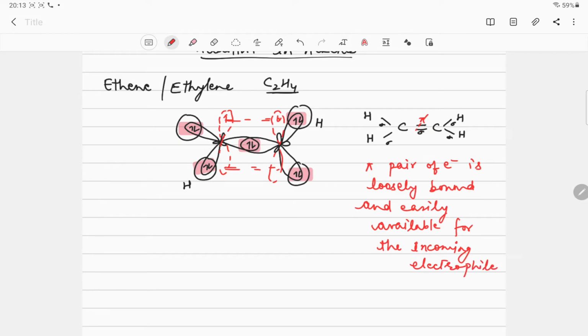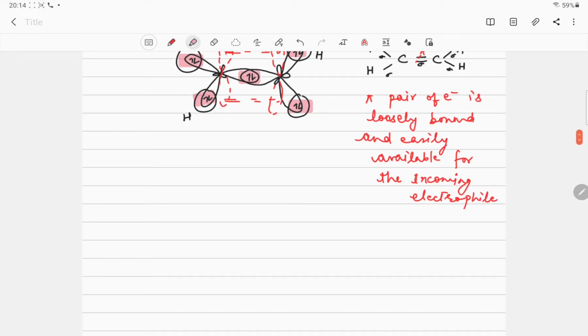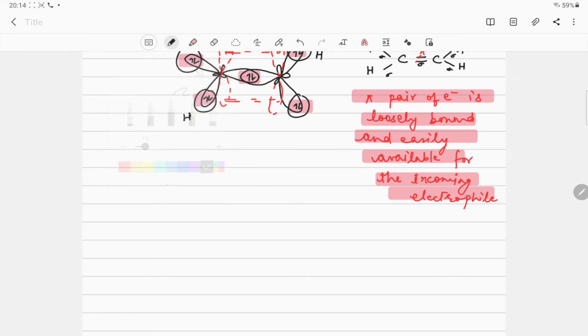That is why alkenes have a tendency to undergo electrophilic addition reaction, because the pi pair of electrons is acting as a source of electrons for the incoming electrophile.